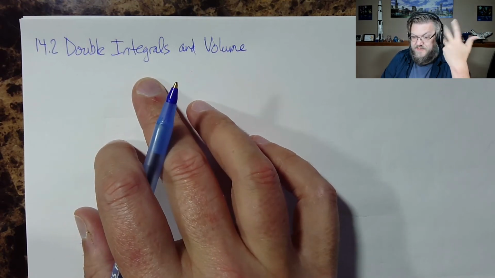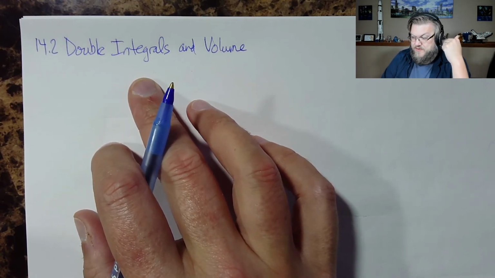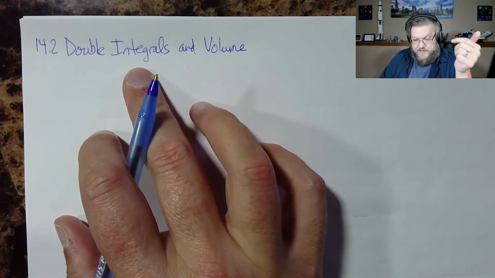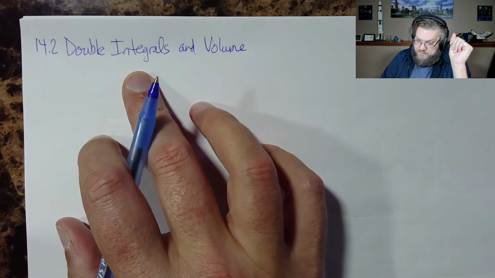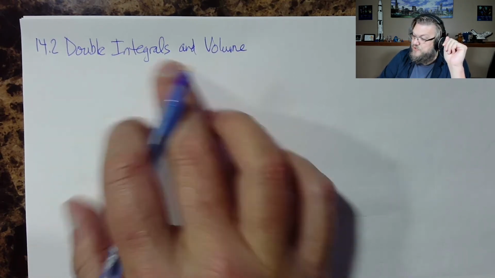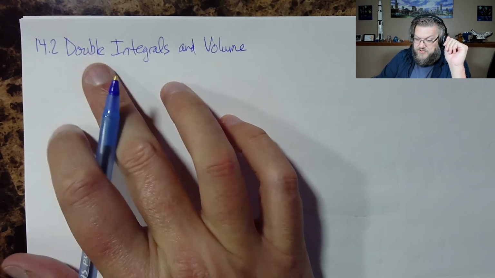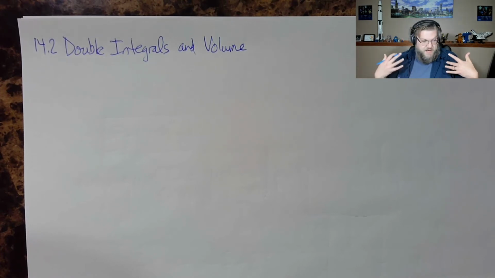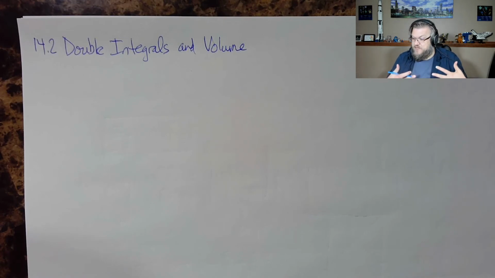And then after the conceptual stuff, we will find out that a double integral can be calculated using an iterated integral of a special type. So first off, what do we mean when I say a double integral? What is that trying to do? And then after that, how do I calculate a double integral? And the calculation of a double integral is going to involve an iterated integral, okay?